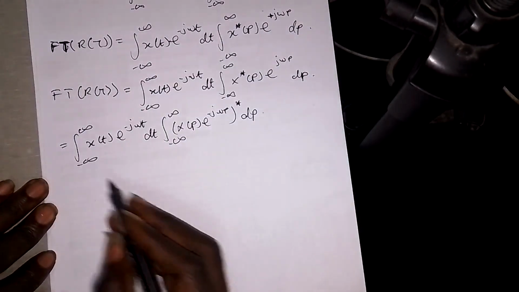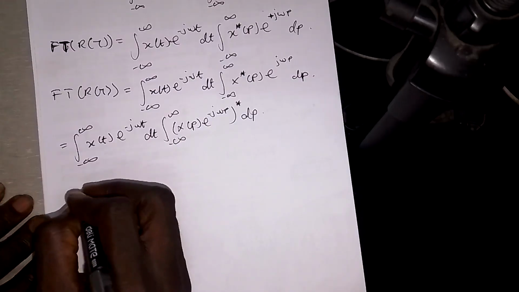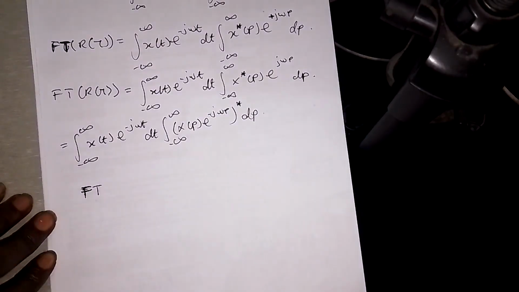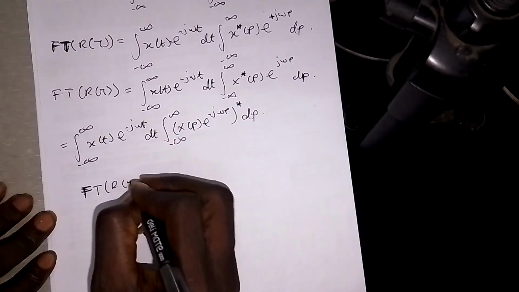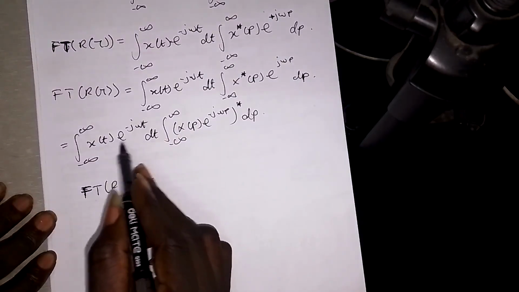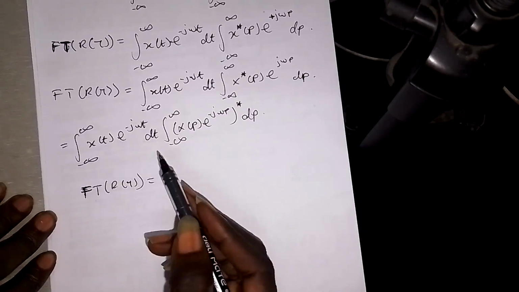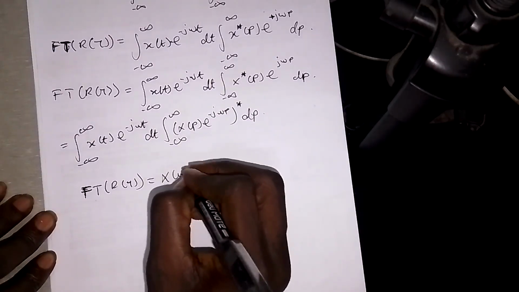Alright, so now from here, what you can see is that the Fourier transform of R(tau) is now going to be, this one is nothing but the formula for the Fourier transform, which will give you X(ω).